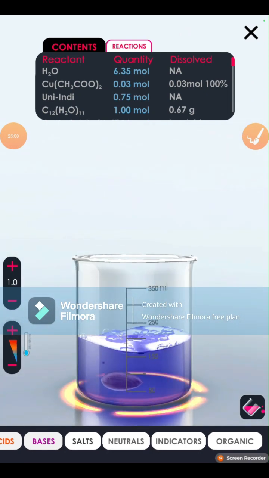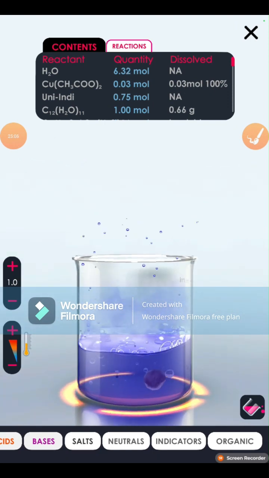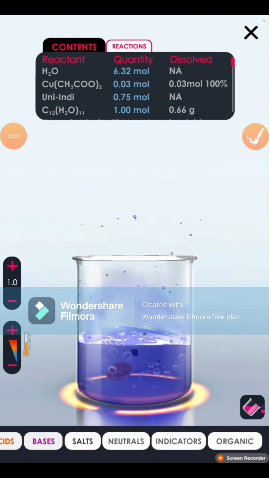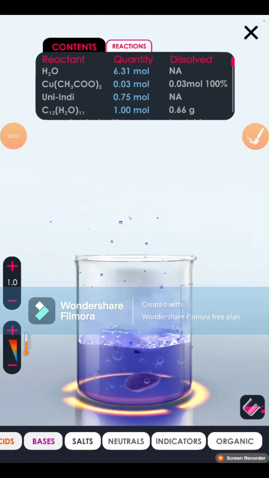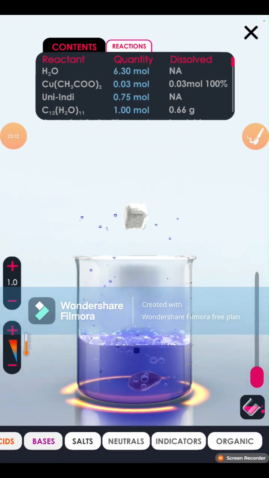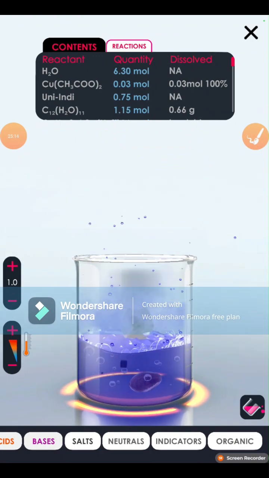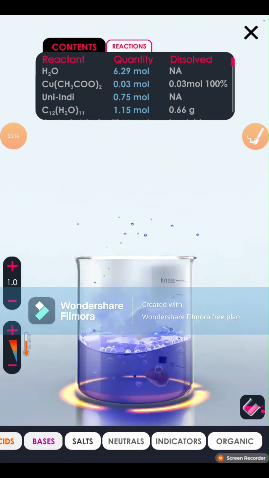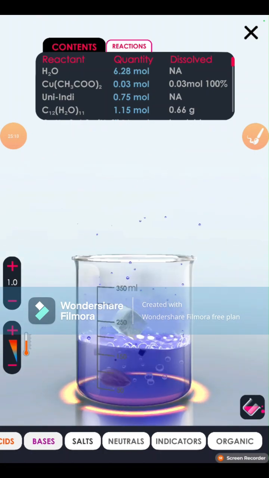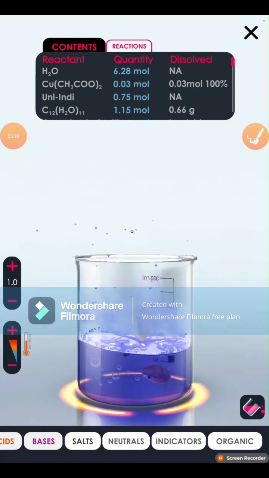Let's heat it over here. As you can see, it has started heating. Sugar will start dissolving. Let's put some sugar in. It will get cold though.